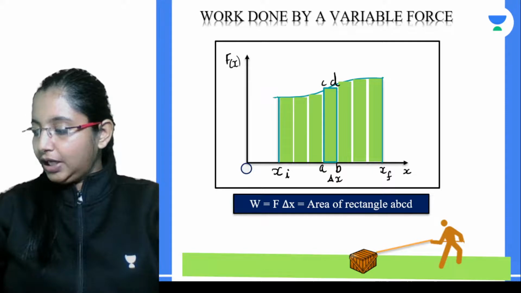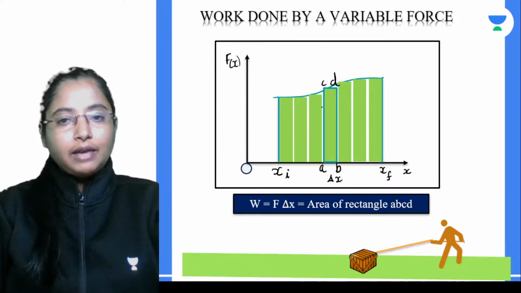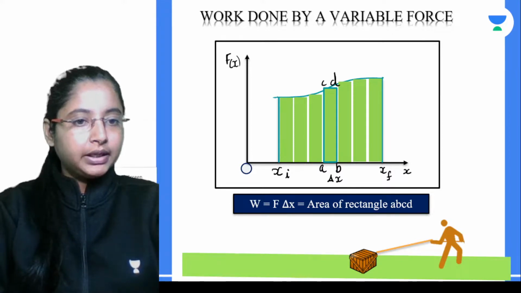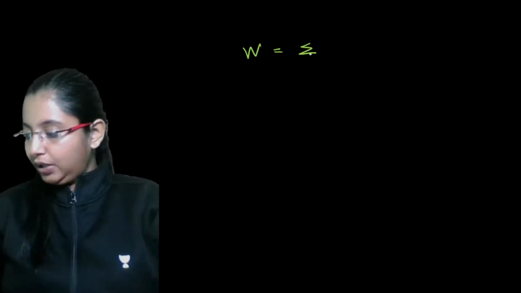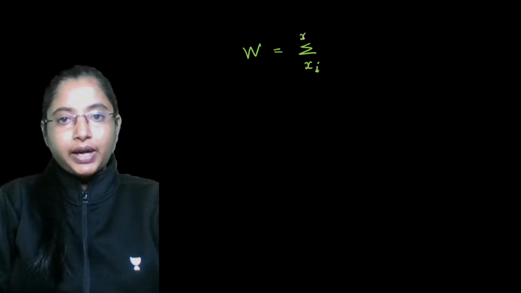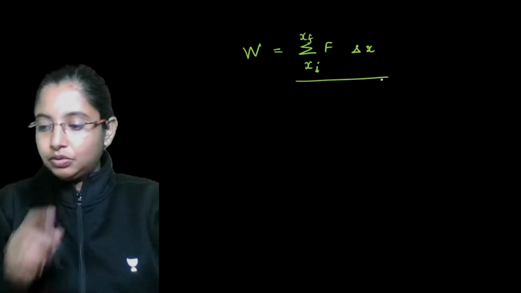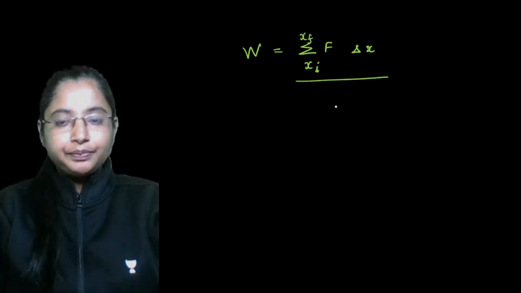We take a small equal displacement delta x under this curve, and if we take the summation, the work done will be the sum from initial displacement to final displacement of F into delta x. This is the sum of the areas of all rectangles under the displacement curve.